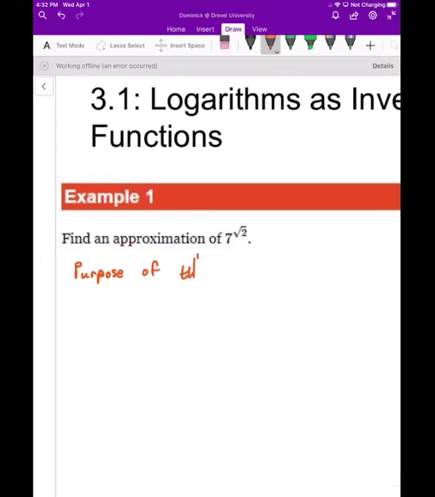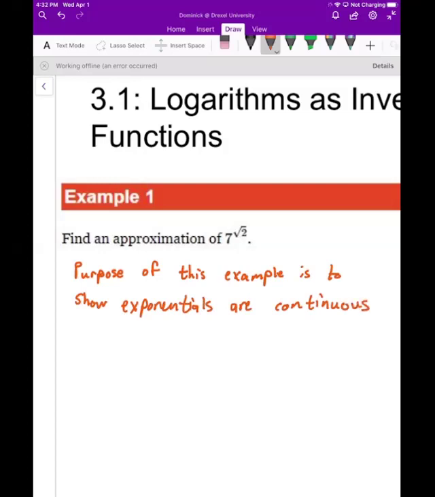The purpose of this example is essentially just to show that exponentials are continuous.